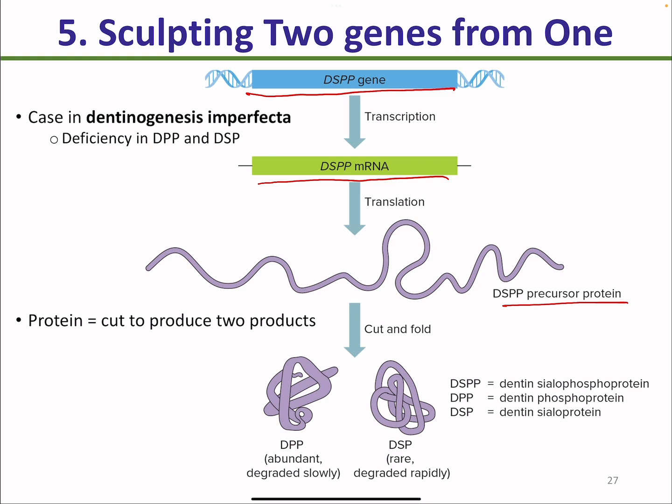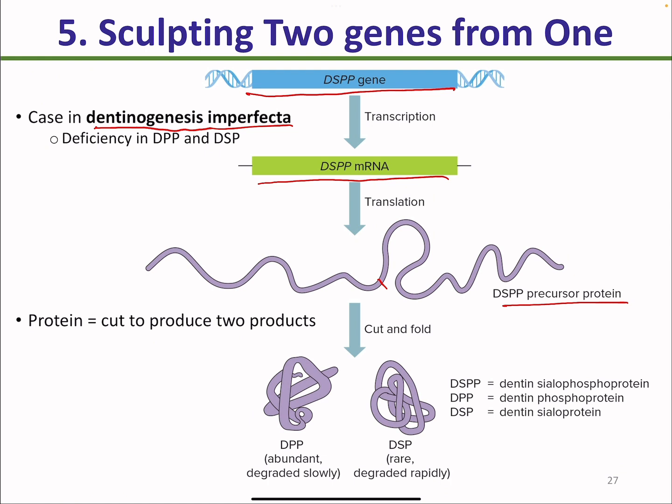That protein has to be cut into two to form two different proteins with two different functions, yet they come from one single gene. Now, this is the case of a particular health condition that we call dentinogenesis imperfecta.